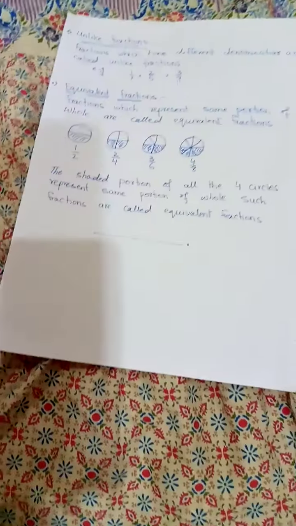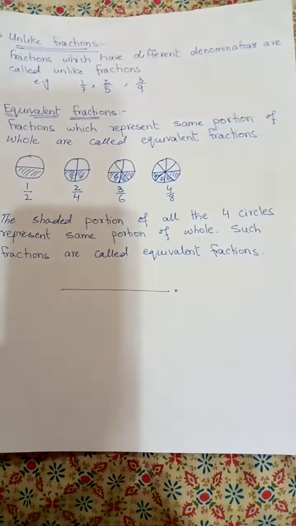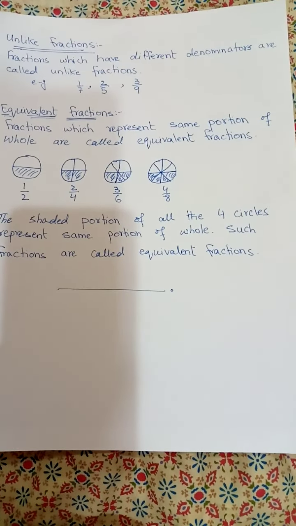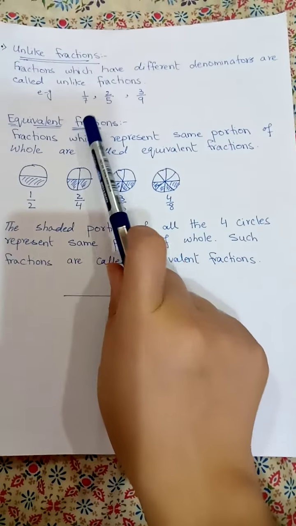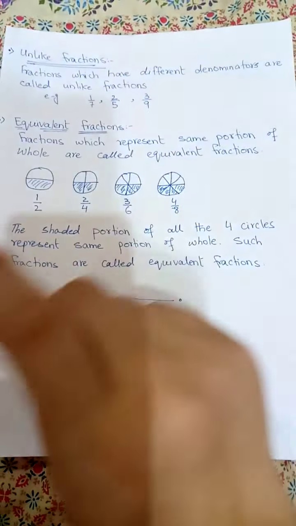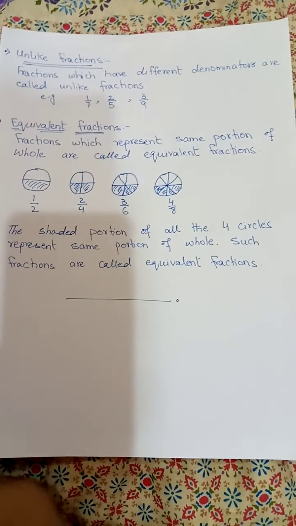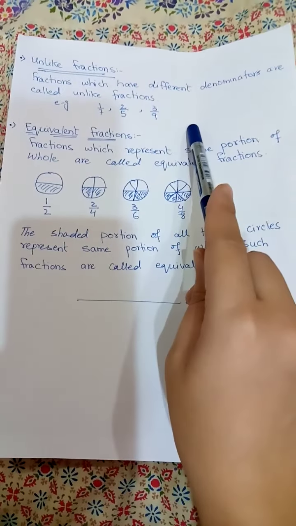Okay, the next type which we are going to discuss is unlike fractions. Now what are unlike fractions? Fractions which have different denominators are called unlike fractions. Now you can see all the denominators are different, they are not same as we have discussed in the like fractions. So when they are different, then these fractions are unlike fractions.